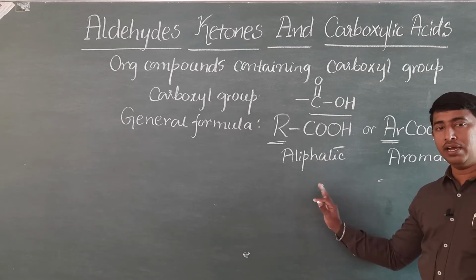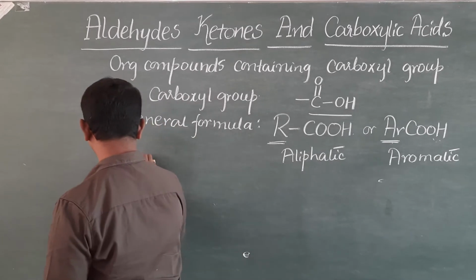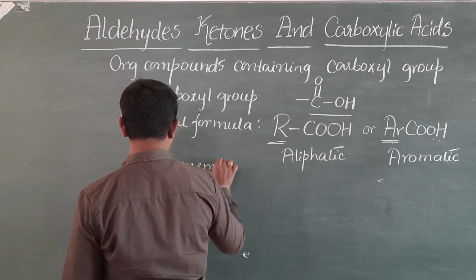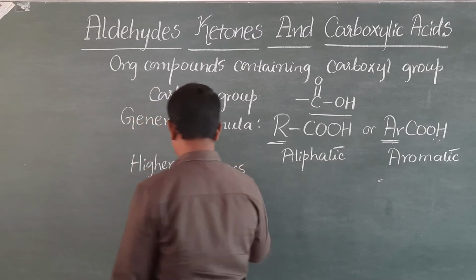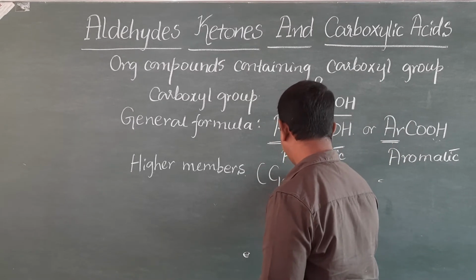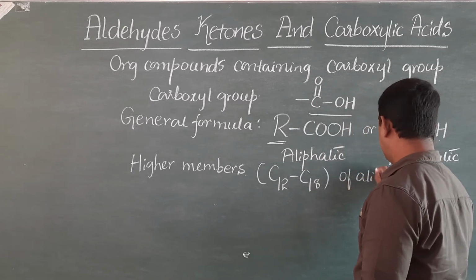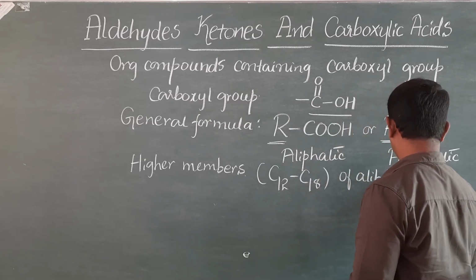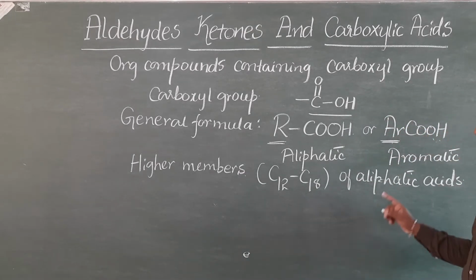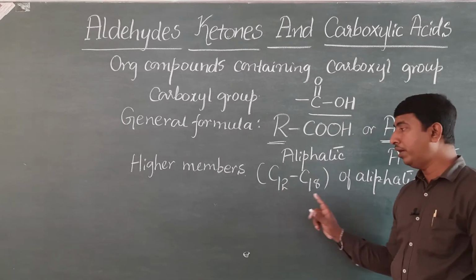One more point we have to remember here: higher members. Higher members means the number of carbon atoms must be more, that is C12 to C18, higher members of aliphatic carboxylic acids.